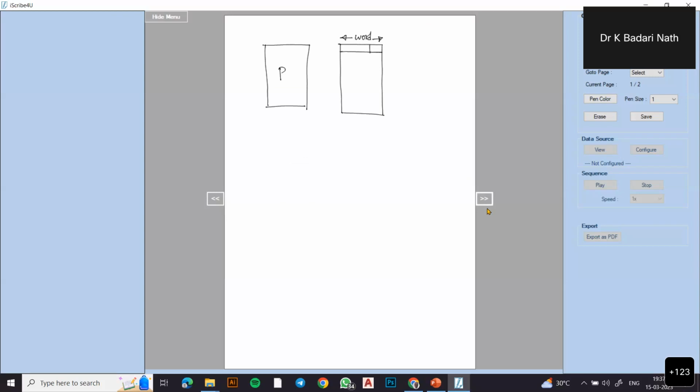So each word consists of 4 byte addressable locations. The first word starts at 0. The second word starts at 4, because 0, 1, 2, 3. Then the next word will start at 8. It continues like that until the last word is available here.